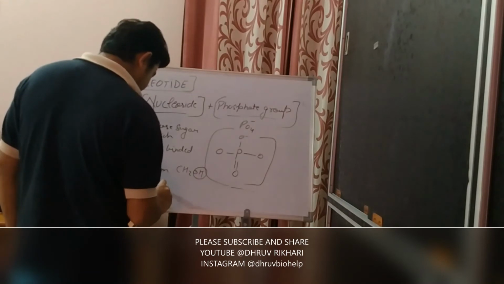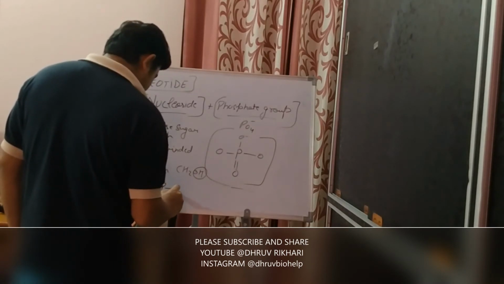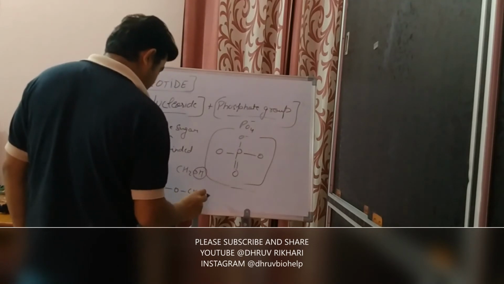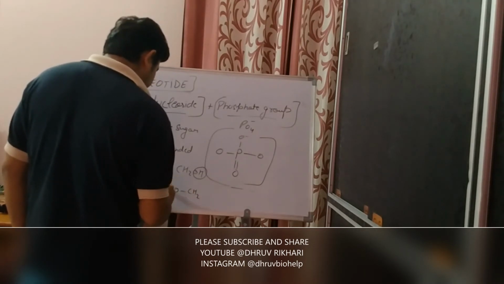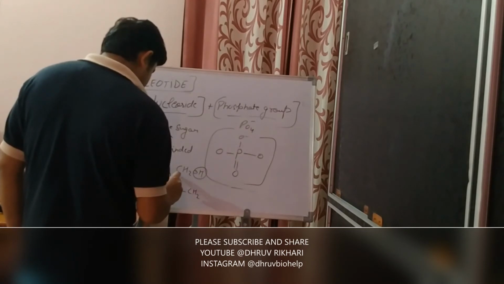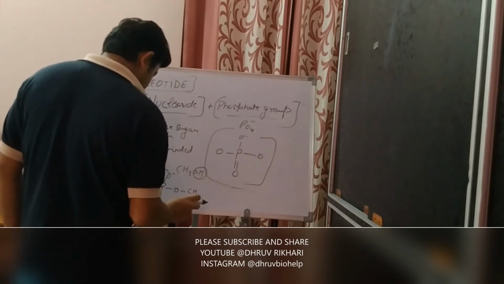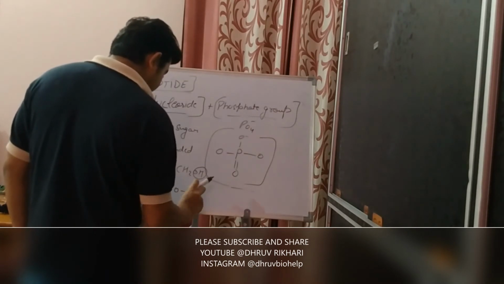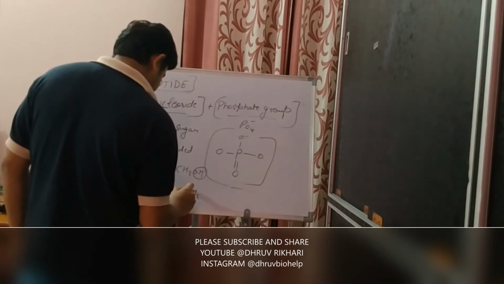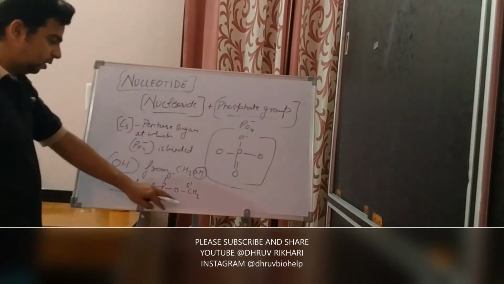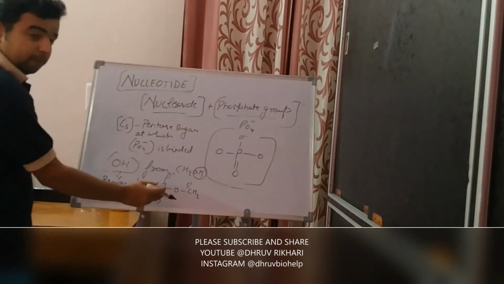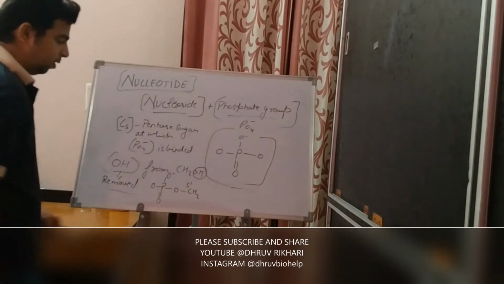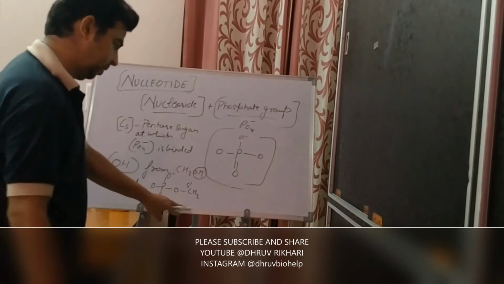So how it looks, it is POCH2. So this is the carbon which is at 5th position. So phosphate group are attached at the 5' carbon or 5th position carbon.